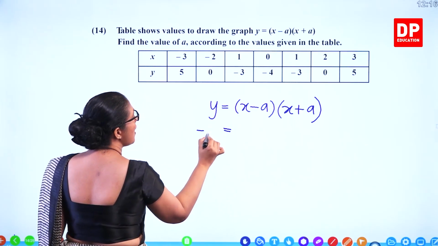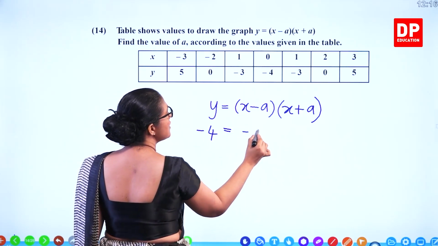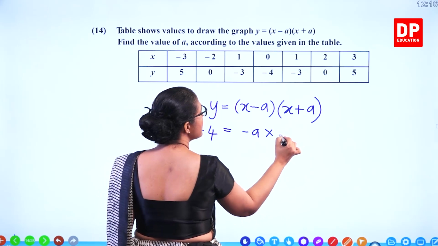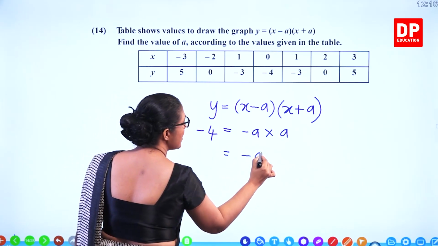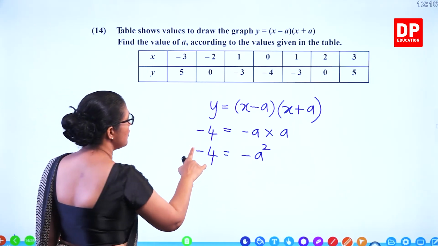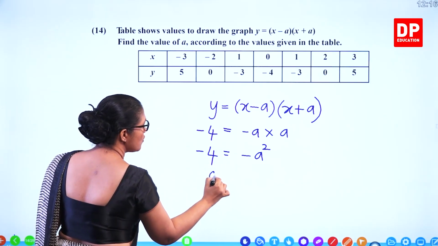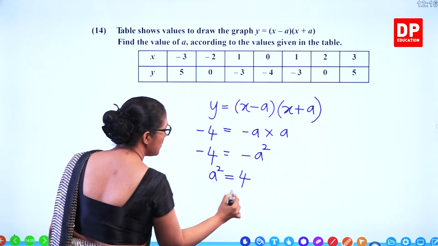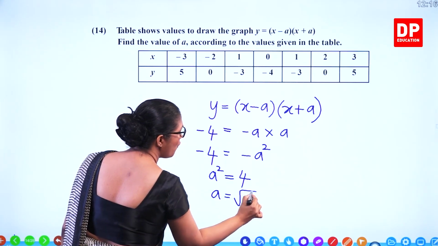So y equals minus 4 when x equals 0. So this is minus a plus a. So minus a squared is minus 4. You can get rid of this minus. So a squared is 4. That means a is square root of 4.